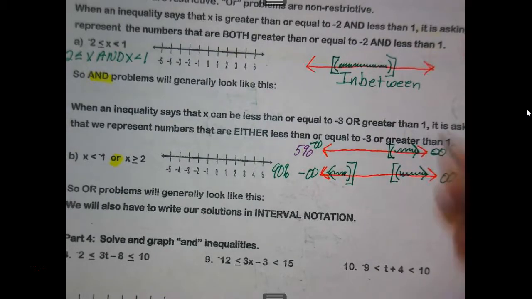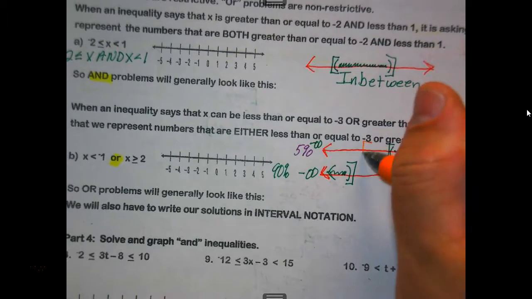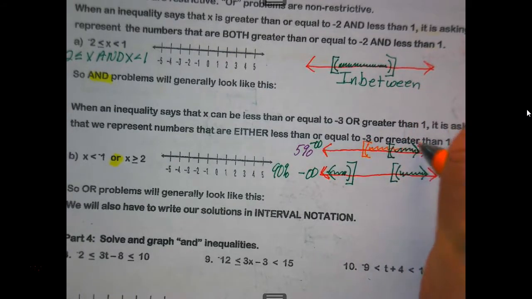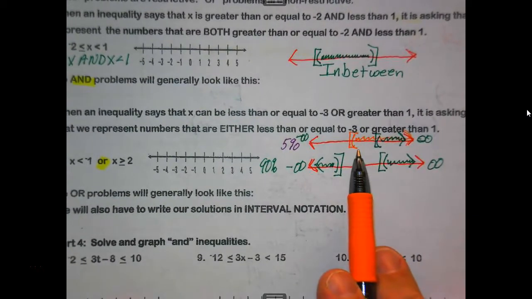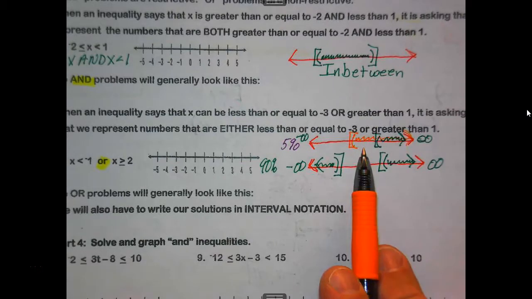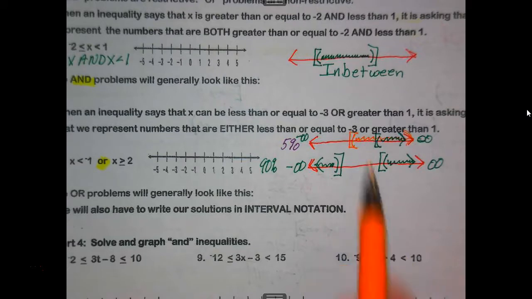I could have another inequality going the same way at a different number. So 5% of the time we can have this happening, and you would only end up with one inequality instead of two.